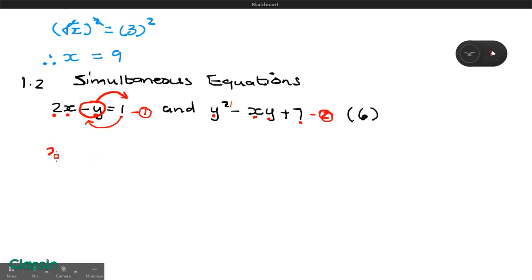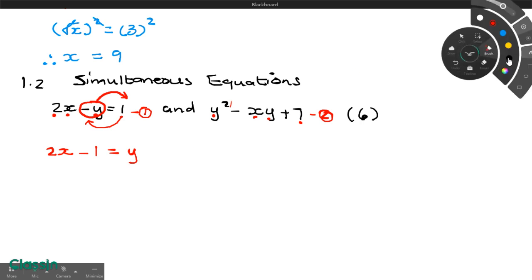At the end, we are going to have 2x, because it was positive, now it's changing to negative, negative 1 is equal. It moved from negative y across the equal sign to the side where it will become positive. But because you are a maths learner, you will write it in a correct way, where it will be y is equal to 2x minus 1. And you will call this your equation 3.